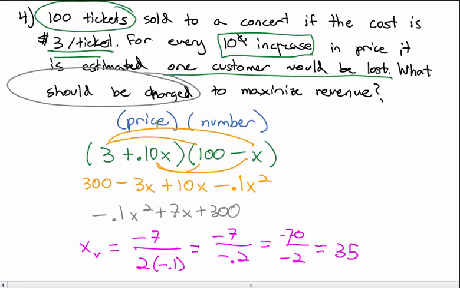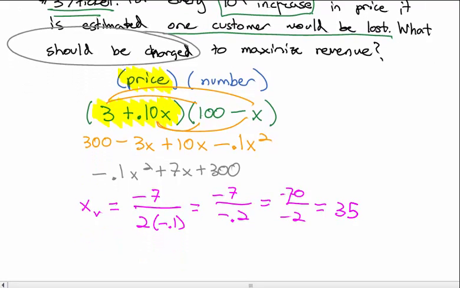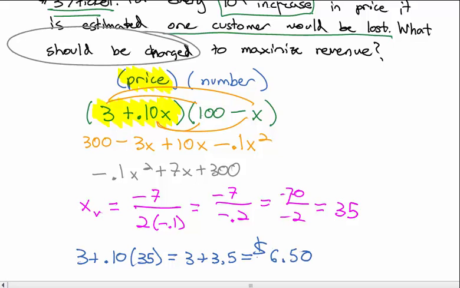The question is really looking for the price, which means to get the price we need to look at our price factor, which is 3 plus 0.10x. We just calculated x, so 3 plus 0.10 times 35 increments, and that's going to be 3 plus 3.50, or $6.50.